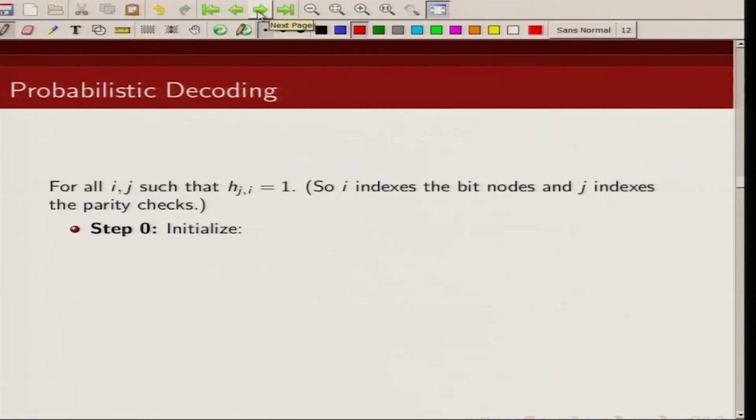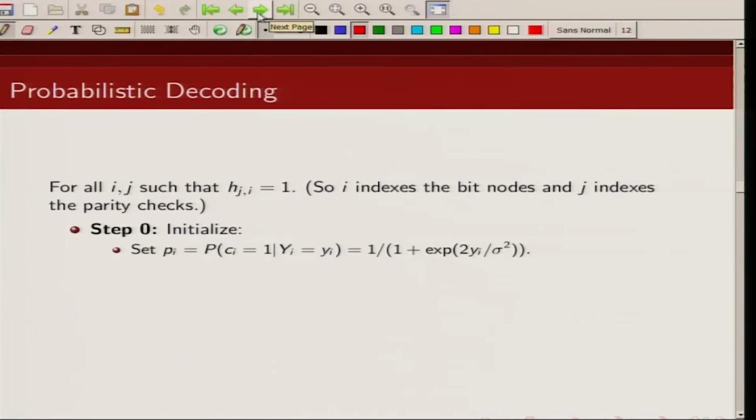So, then how does this whole process go? First, we initialize the probabilities that we are going to send from the message nodes to the check nodes. So, we calculate this Pi and we calculate these Qijs. These are the messages we will send from the bit node to the parity check node.